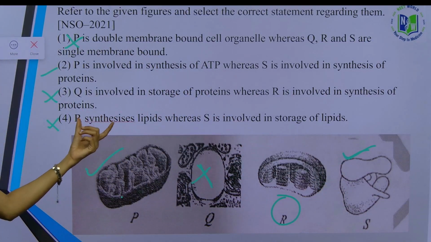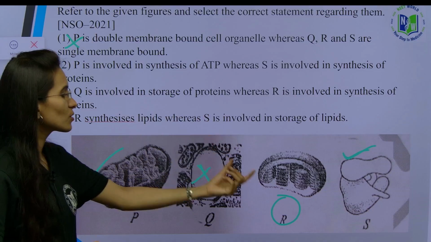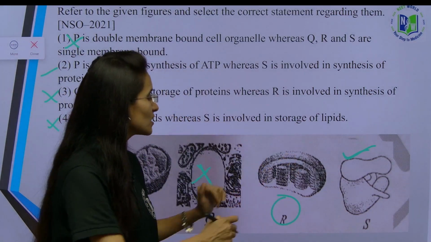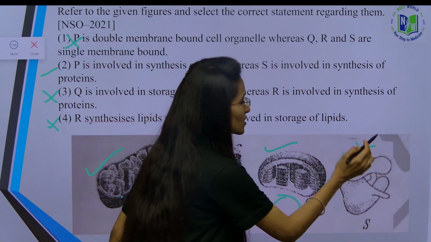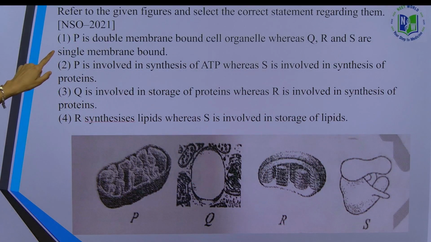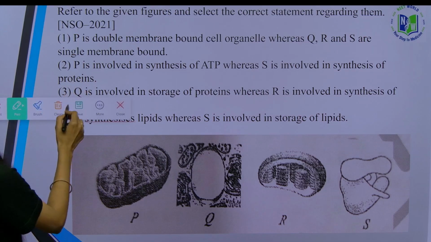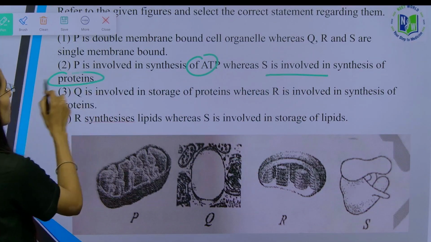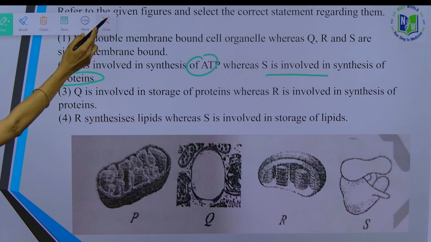But here R synthesizes lipids. Inside the chloroplast we can find lipids also, but here this R is right, but this is wrong. So we need to match the right pair. Option 1: P is double membrane bound. Second option, students: P is involved in the synthesis of ATP, whereas S is involved in synthesis of proteins. This is the right option.